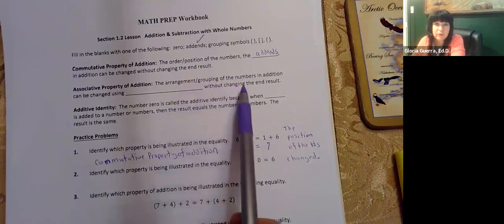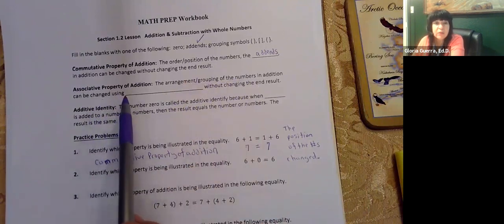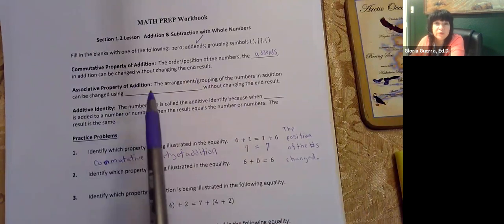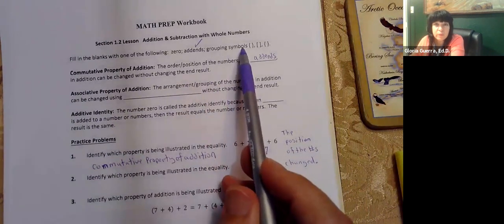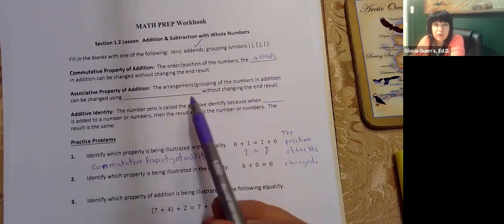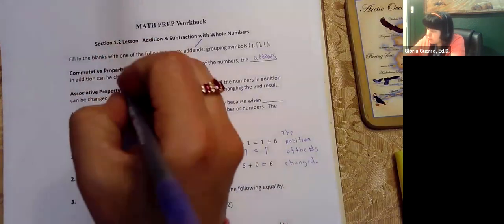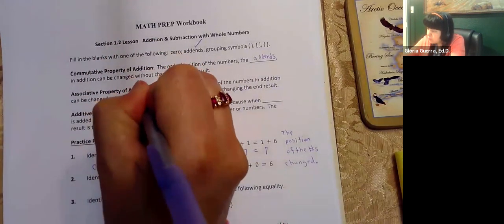The arrangement of the numbers in addition can be changed. And the way they do that is that they use grouping symbols, either parentheses, brackets, or braces, without changing the end result. So here you want grouping symbols.